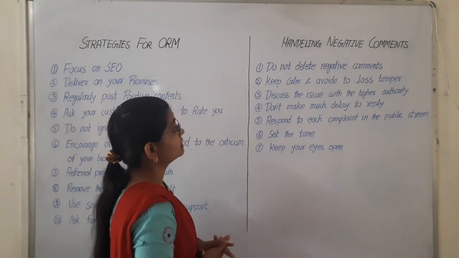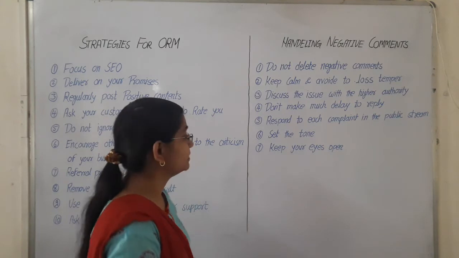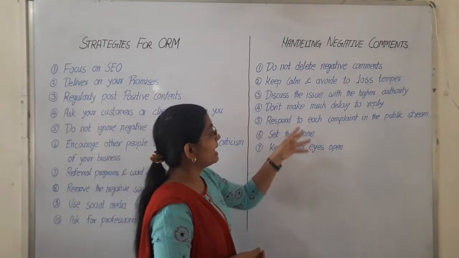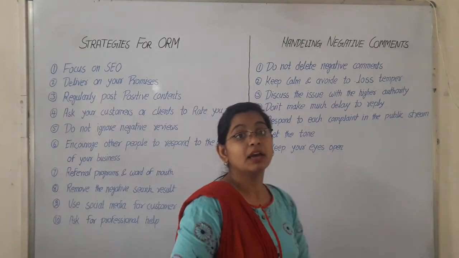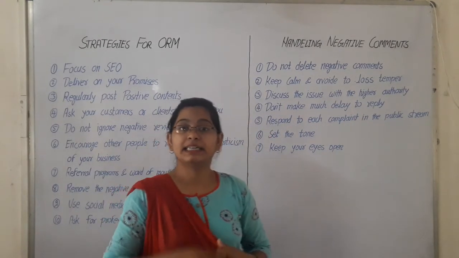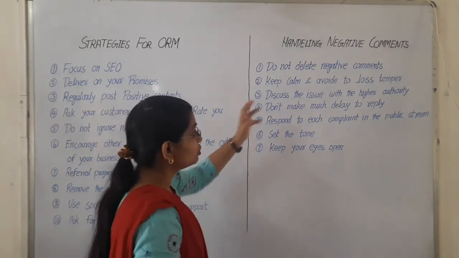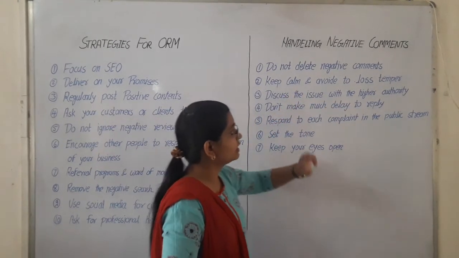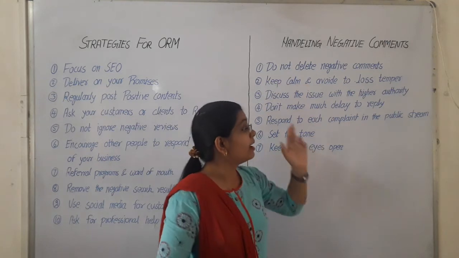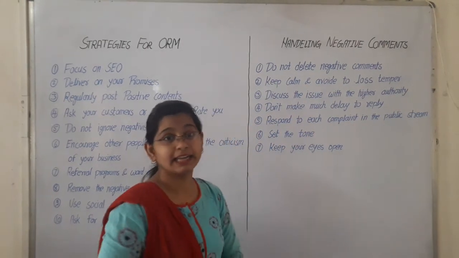Okay, the next point by which you can handle negative comments on social media is do not make much delay to reply. Your reply should not be delayed a lot. Before giving a reply, you should talk with your higher authority. You should be calm, but don't delay much in replying to that comment.